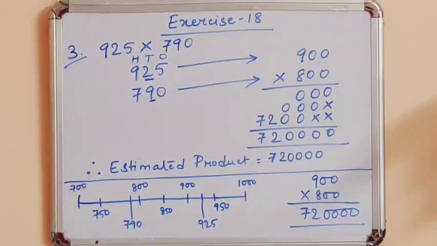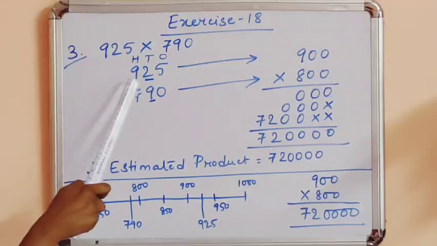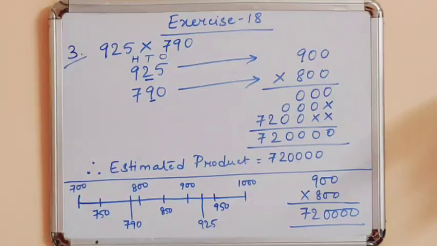So now we have to round off. Round off means seeing which number of hundreds, like 700, 800, 900, 1000, is more close to these numbers, that is 790 and 925. So if you see here, we are rounding off to the nearest 100.